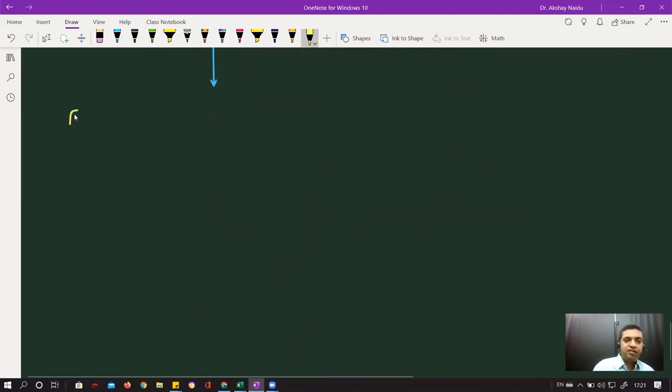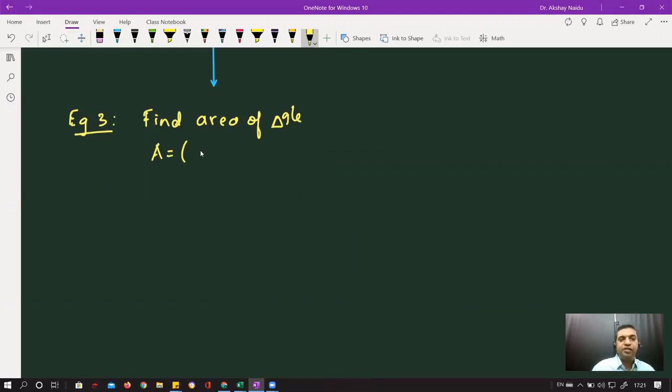example 3. Okay, again find the area. Find the area of triangle ABC formed by 3 points: A is 0, 3, B is 0, -4, and C is 4, 1.